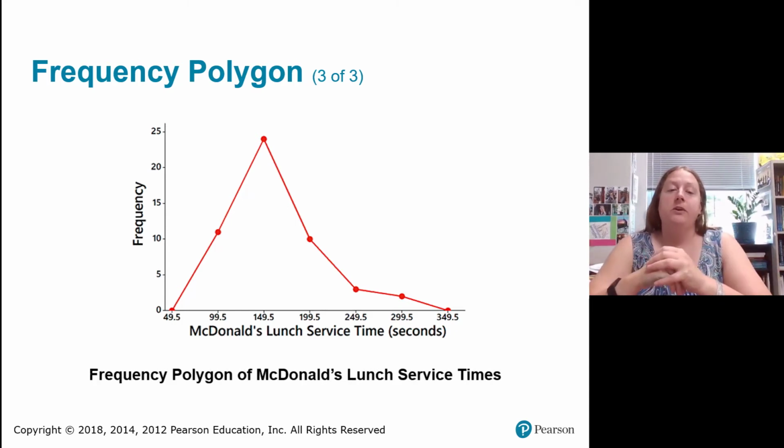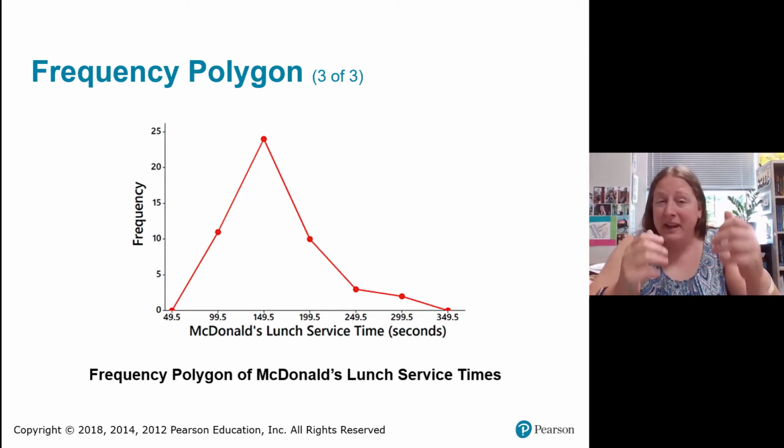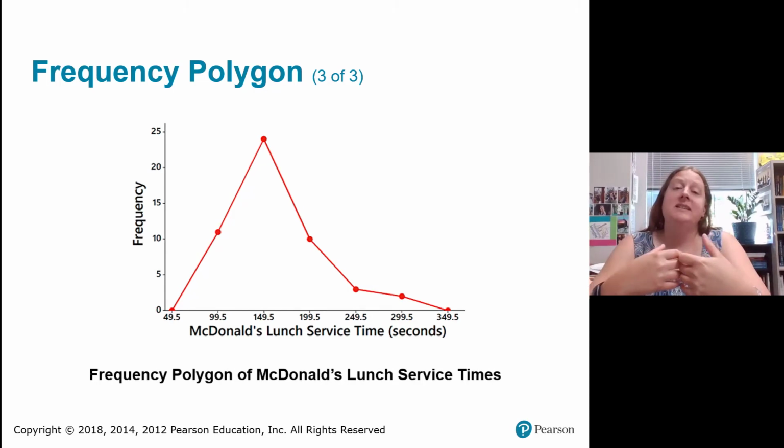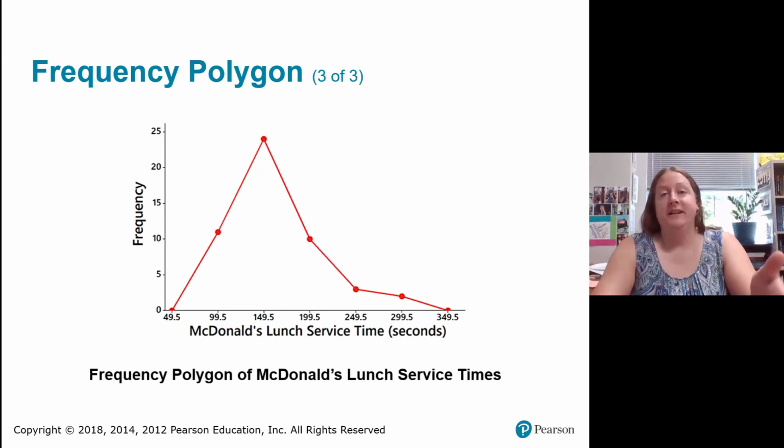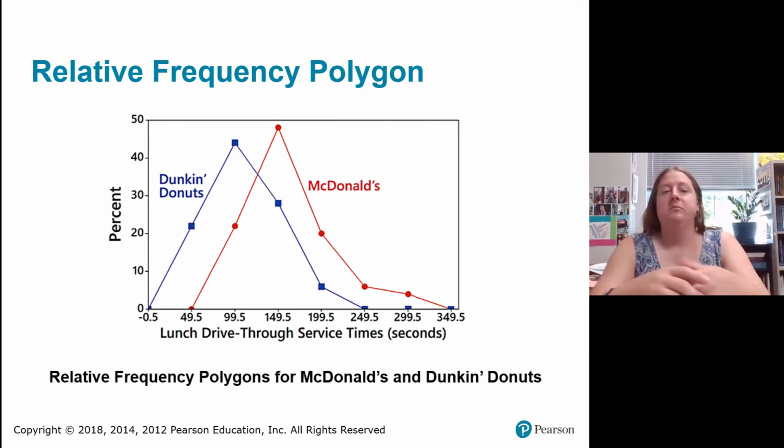Now, if we just use a frequency polygon, we can't compare very easily unless we have the same number of observations. If we wanted to compare McDonald's and, say, Dunkin' Donuts as we have done before, we need to instead use a relative frequency polygon.